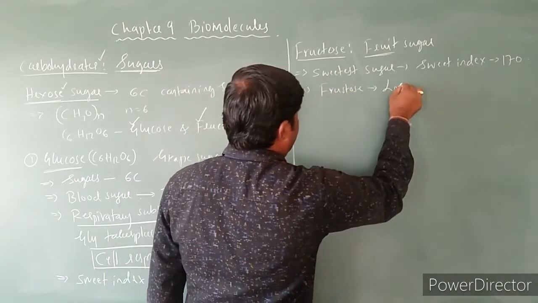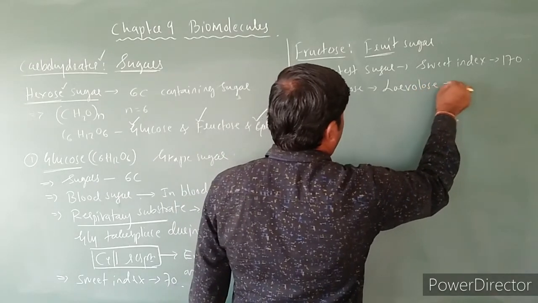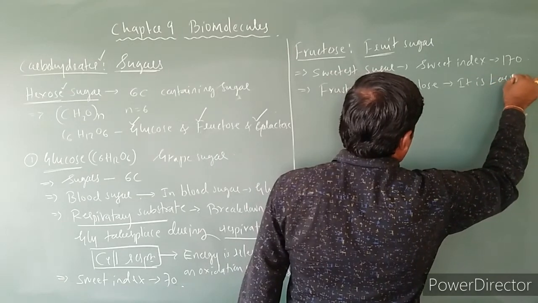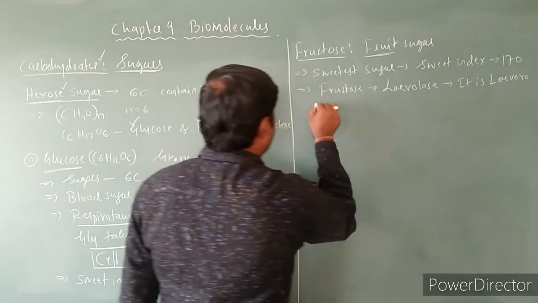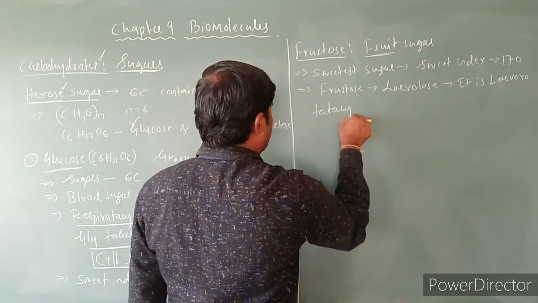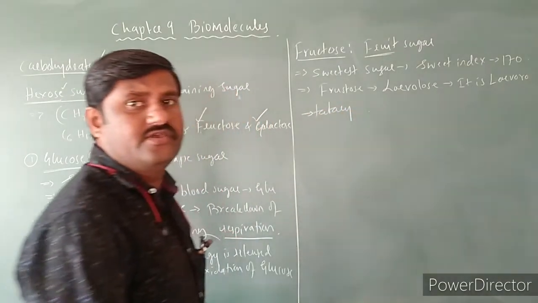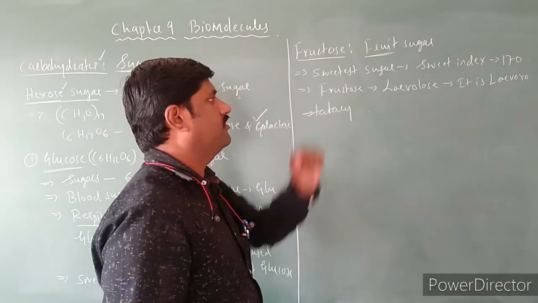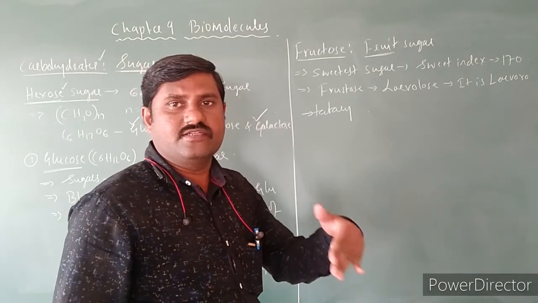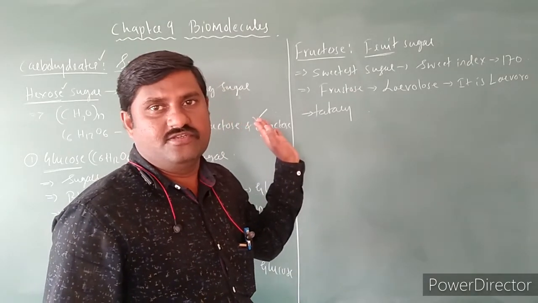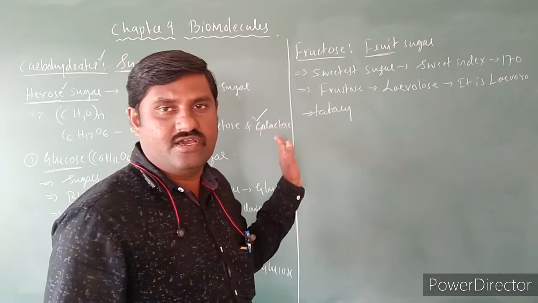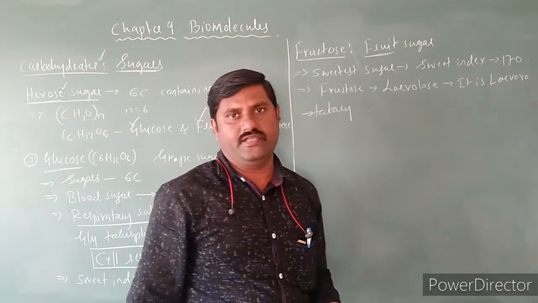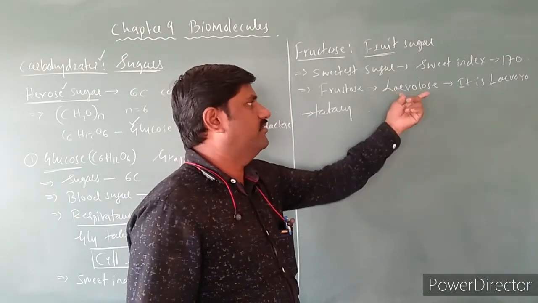Fructose is also called levulose. Why? Because it is levorotatory in nature. What do you mean by levorotatory? When a ray of light is passed through fructose, the light turns to the left side, so these are called levorotatory.